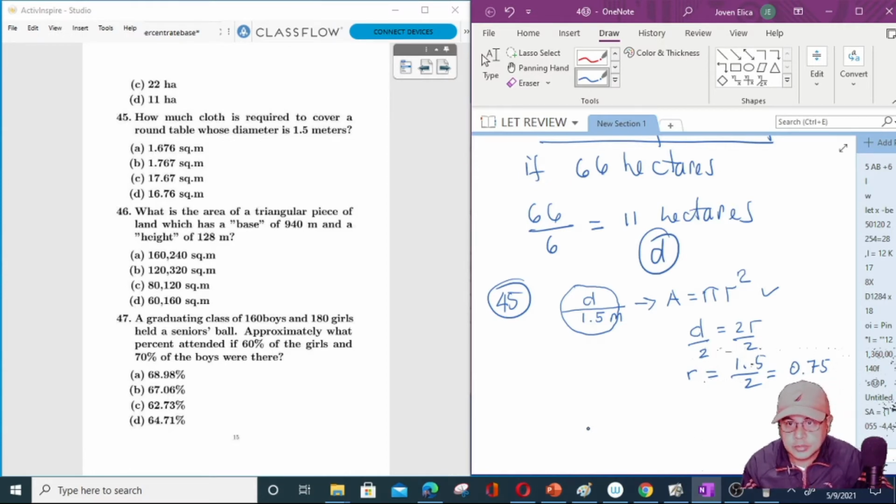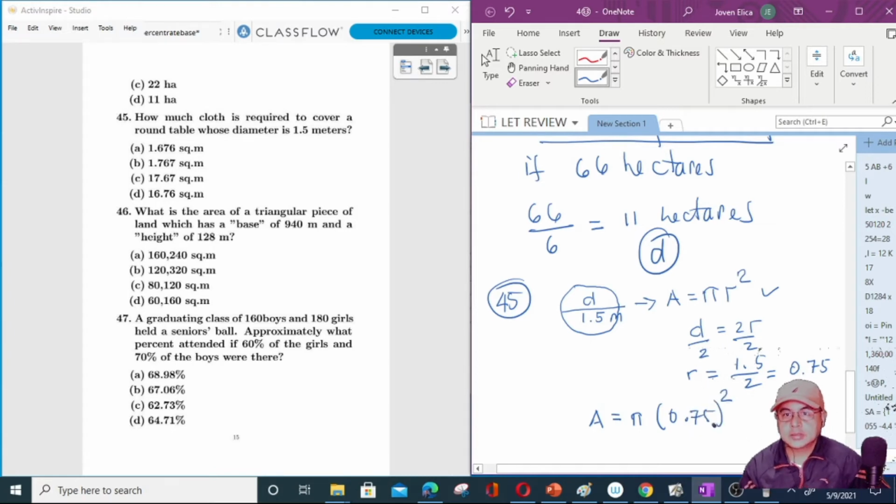Yeah, this is 0.75. That will be r. So therefore, to find the area, pi multiplied by 0.75 squared.